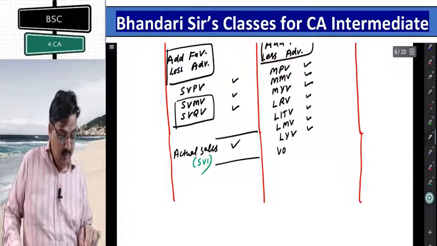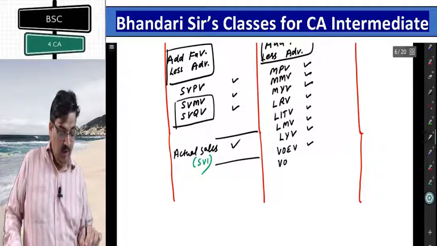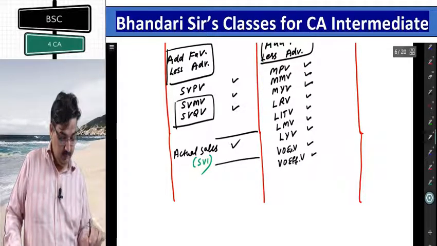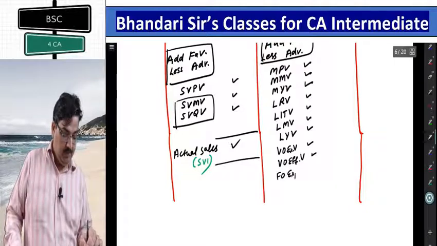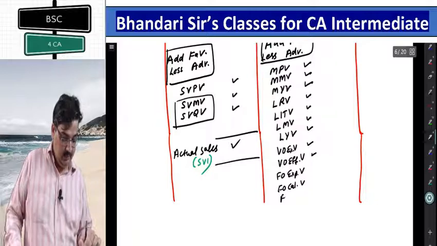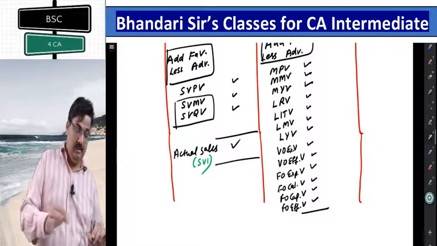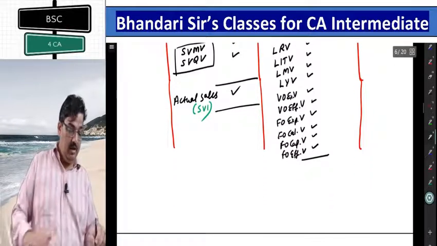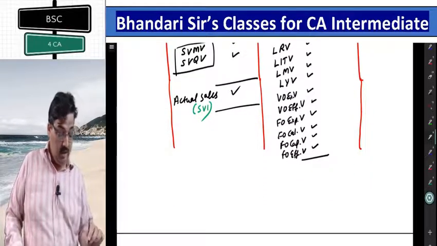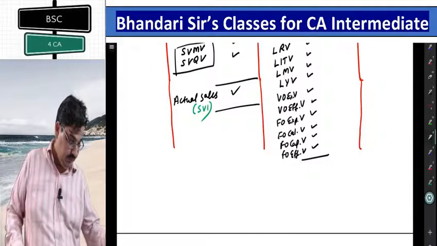Variable overhead expenditure, variable overhead efficiency, fixed overhead expenditure, calendar, capacity, efficiency. Add favorable, less unfavorable. Having adjusted all of them, the result will be what?